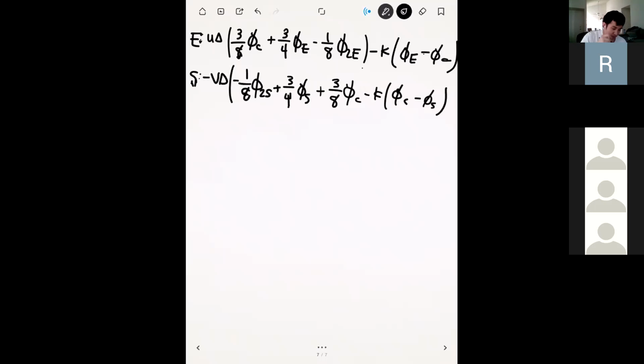So for the south integral, we have minus 1/8 phi sub 2s plus 3/4 phi sub s plus 3/8 phi sub c, and then our diffusion term.